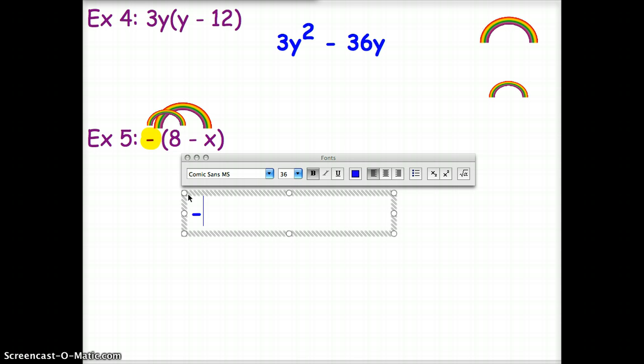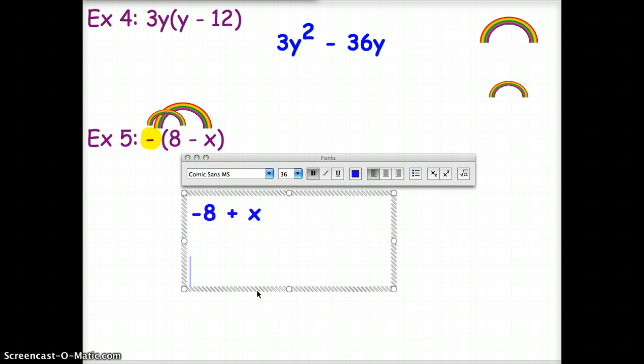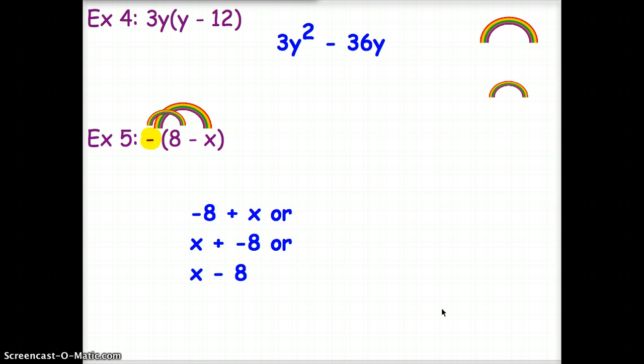So that'll be -8 plus x. This answer is okay, but the preferred answer is to go ahead and write with your variable first. So in this case, we could write it as x plus -8, or you can write it as, I wouldn't write it, x minus 8. Any of those three are equivalent, so any of those three will be accepted.